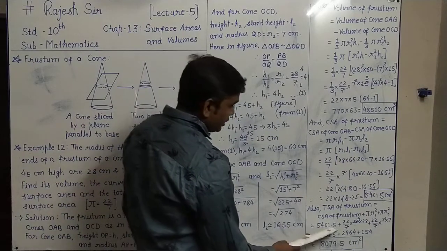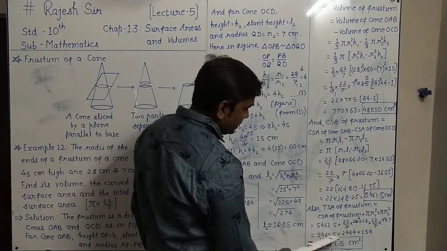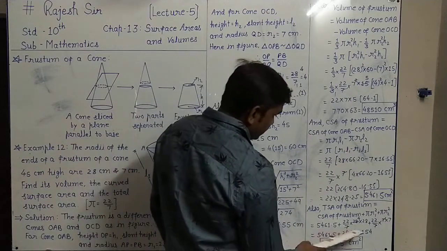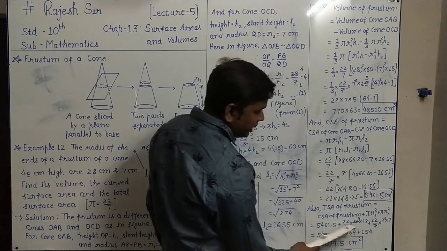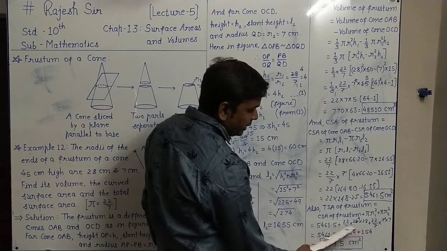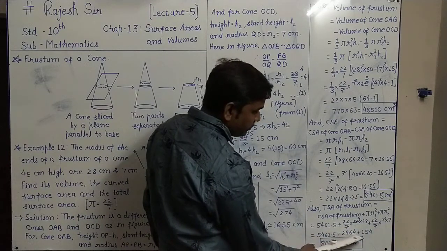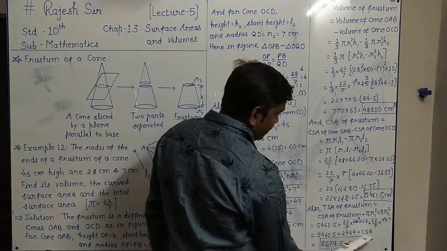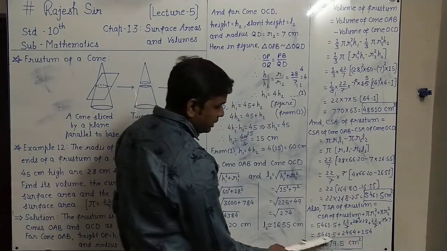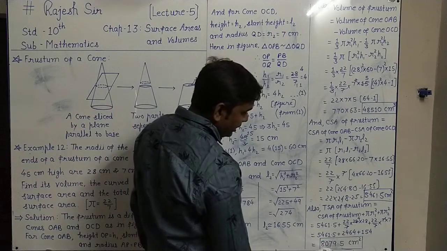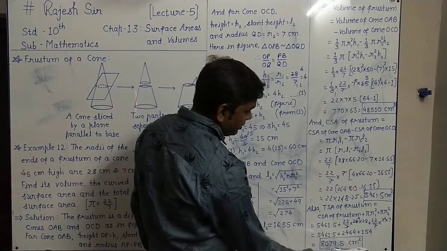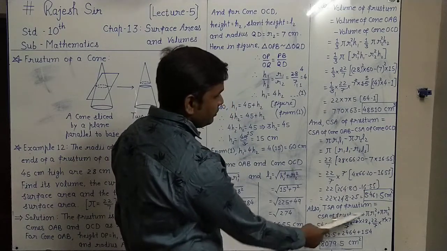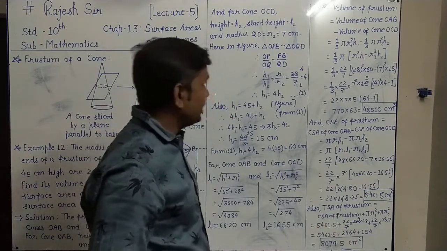So 5461.5 is the CSA of frustum as it is that we have obtained previously. Plus it is remaining 22 into 4, it is 88 into 28. 88 into 28 will give 2464 plus 28 into 7 will give 154. So doing sum of all these numbers, we will get 8079.5 centimeters square. This is actually the total surface area of the frustum we get.